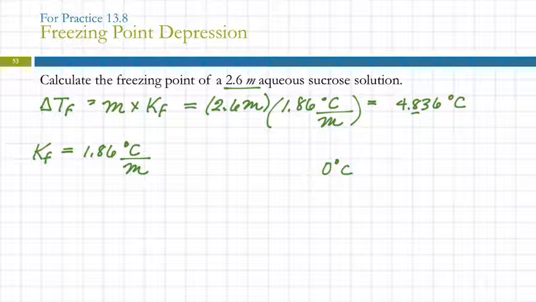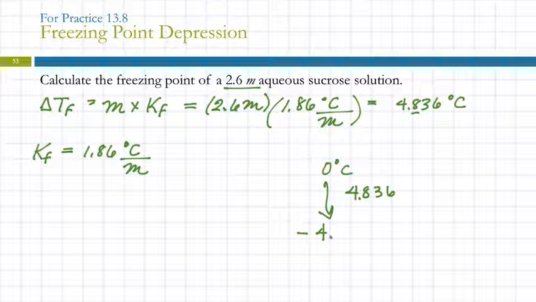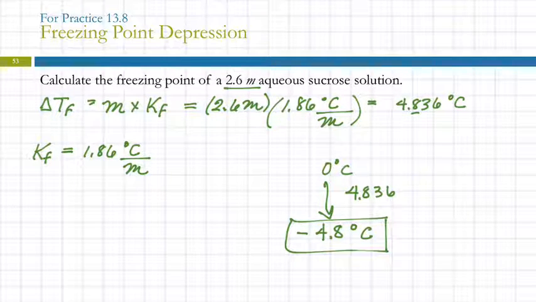So boiling point goes up, freezing point goes down. So this change, I'm going down from 0, 4.836. And so the freezing point then, rounded, is going to be negative 4.8 degrees Celsius.